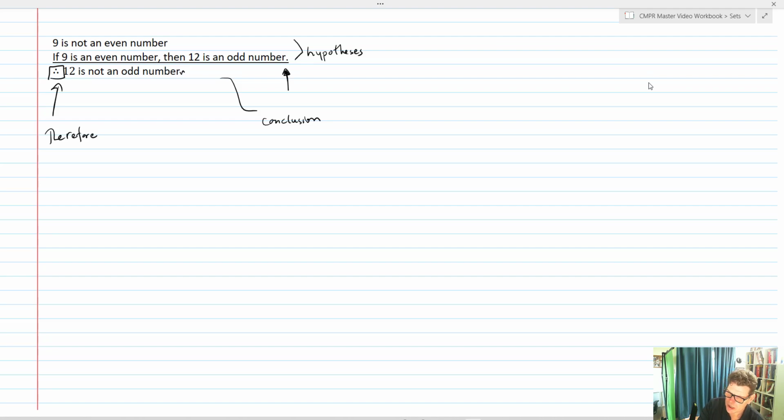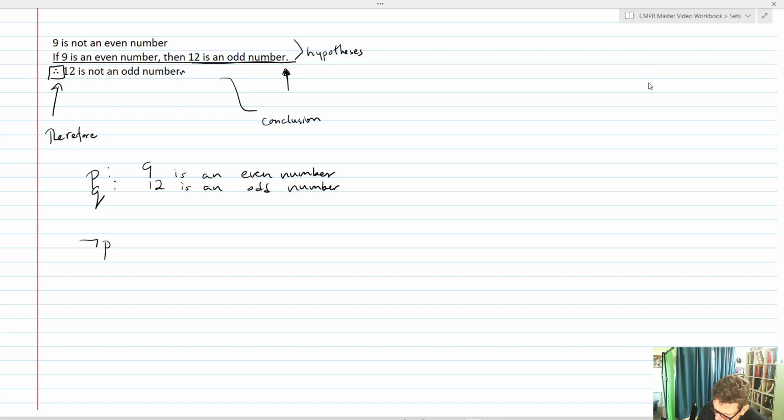So let's say, for example, we start out, and let's say that P is 9 is an even number. All right? And then let Q be 12 is an odd number. So if we look at this argument, we're going to start out with not P, okay?